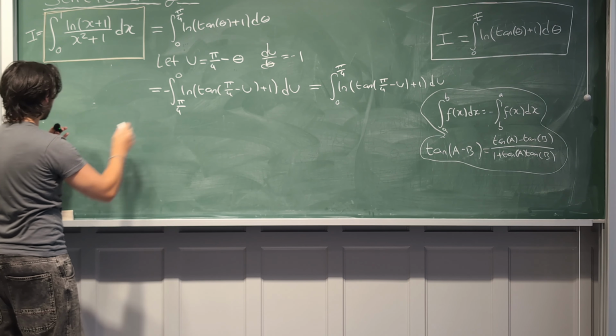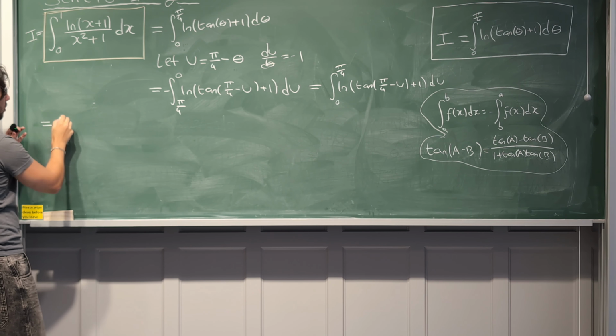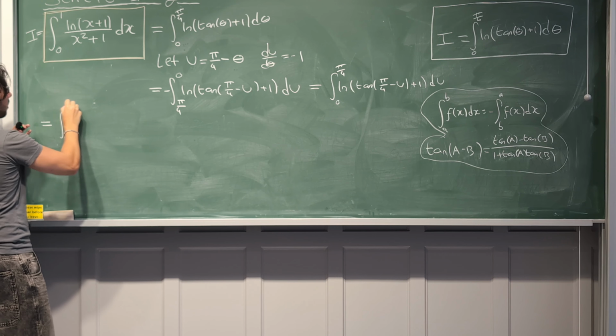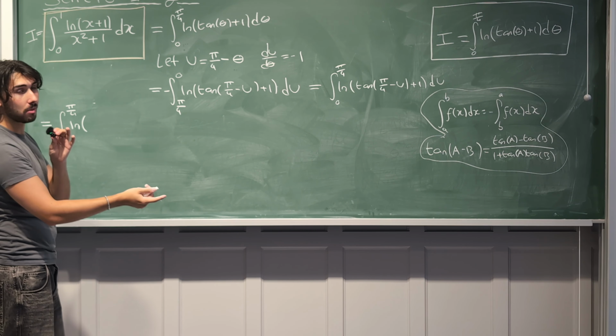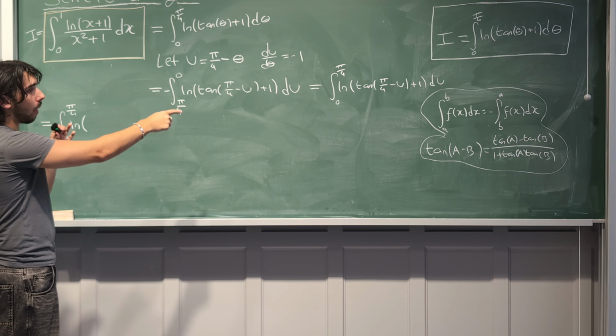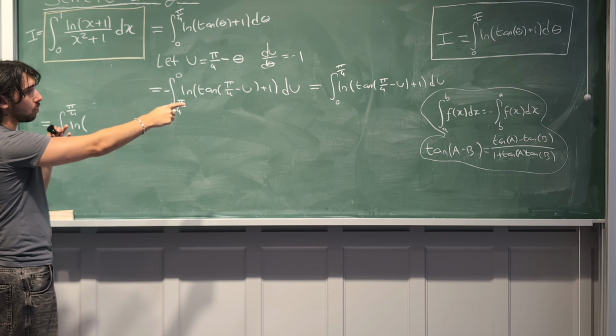So continuing the working out, but over here, just to make some more room, we've got the integral from 0 to pi over 4 of the natural log, and then I'm going to use this compound angle formula for tan. So pi over 4 is a, and u is b.